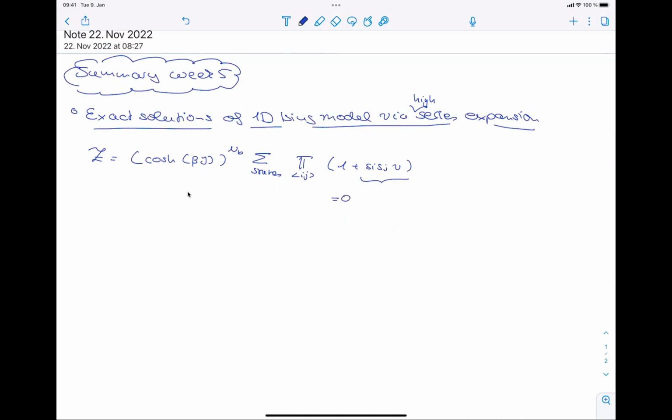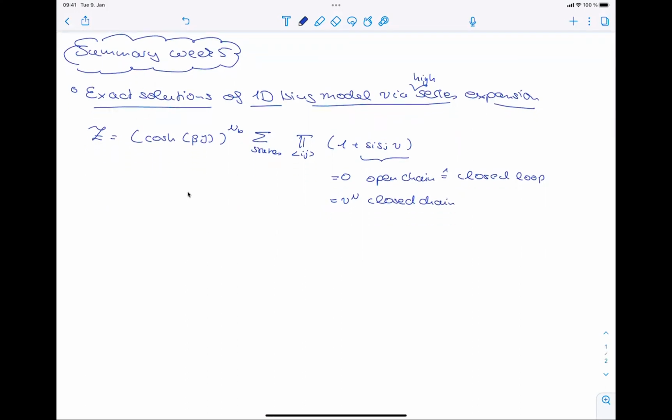It's 0 for an open chain, because there's then no closed loop that I can sum over, or it's exactly v to the power of the number of sides in my closed chain, which actually constitutes the only closed loop that I can form.